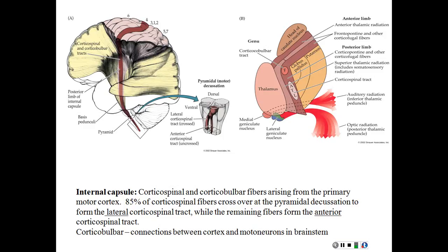And the internal capsule just gets its name because these are myelinated fibers. Motor activity you want to occur very fast, right? So these are big axons that are myelinated. And it's just referred to as the internal capsule. And these axons just keep descending because we're actually heading toward the spinal cord.